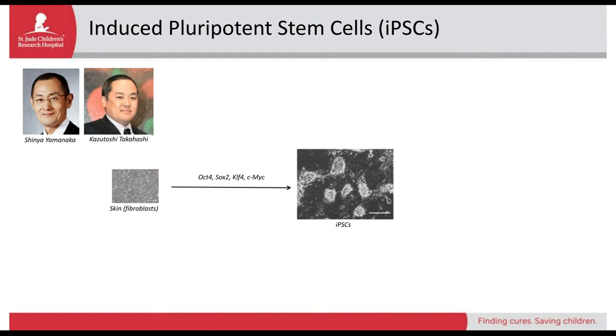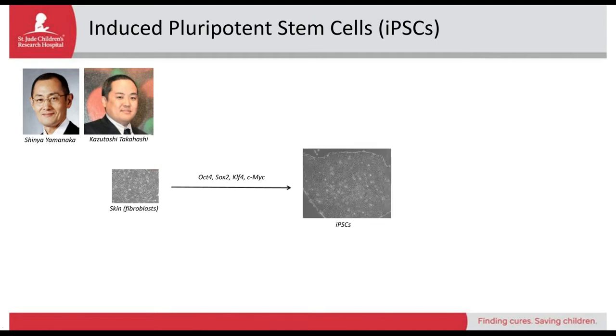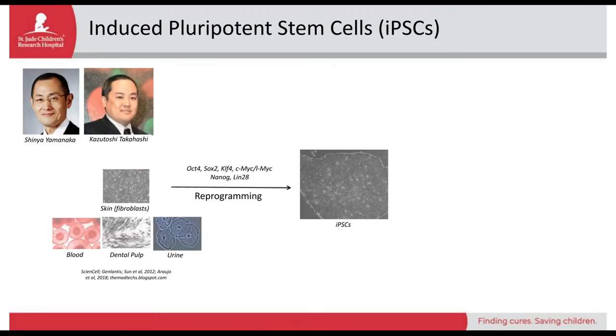Very soon, they were able to show that you can do the exact same thing with human skin cells, or human fibroblasts, and generate human induced pluripotent stem cells. Since then, the technology has advanced a lot. Right now, we have the ability to convert or de-differentiate several different types of somatic cells, called donor cells, into iPSCs. This process by which you can convert a somatic cell into a pluripotent stem cell is called reprogramming.